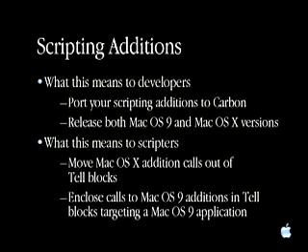So what this means to developers is that you should port your scripting editions to Carbon in order to get them on macOS 10. And you need to release both separate macOS 9 and macOS 10 versions of your scripting editions. To scripters, what this means is, for optimum benefit, you could and should move your scripting edition calls out of your tell blocks.